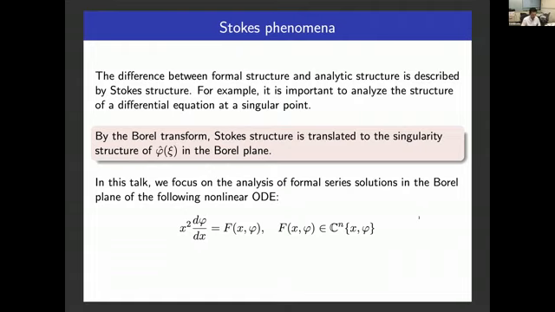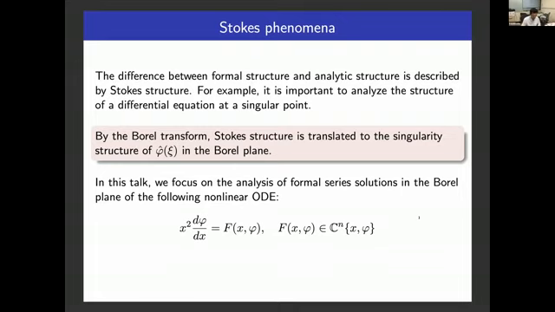And one of the advantages of resurgent analysis, or Borel-Laplace resummation method, is the following. By applying the Borel transform, Stokes structure is translated to the singularity structure of phi hat xi in the Borel plane.